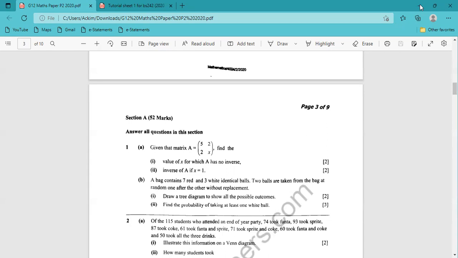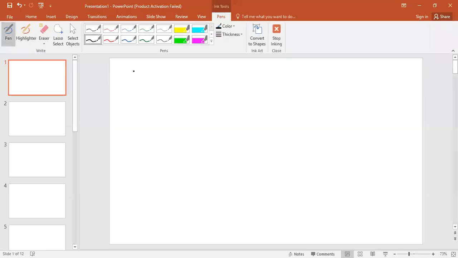So there are things that we need to know. If they tell you the matrix has no inverse, it means that it is a singular matrix. What are the properties of a singular matrix?